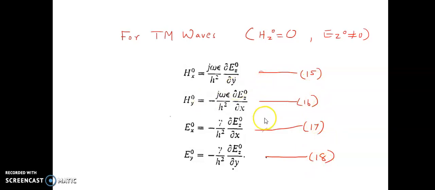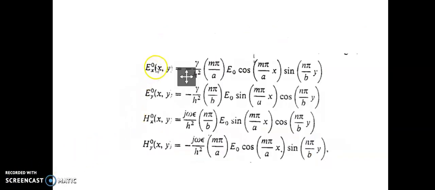We have already discussed all those equations in our previous session, and substituting the value of Ez0 over here, Ez0 is equal to E0 sin m pi by a x into sin n pi by b into y, we get Ex0 of xy is equal to minus gamma by h square into m pi by a E0 cos m pi by a x into sin n pi y by b.